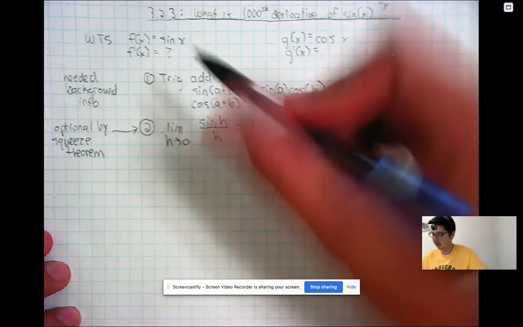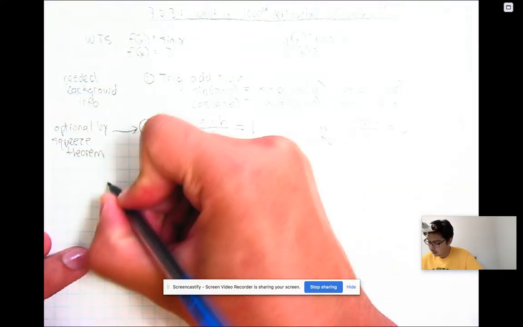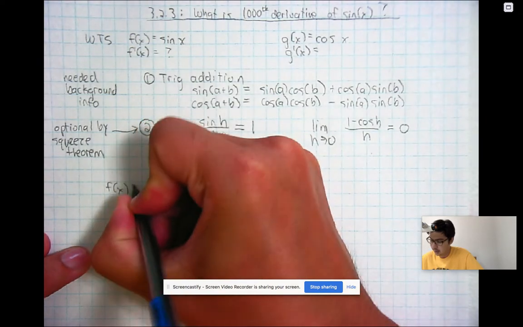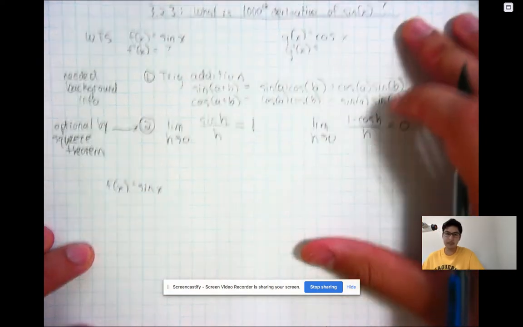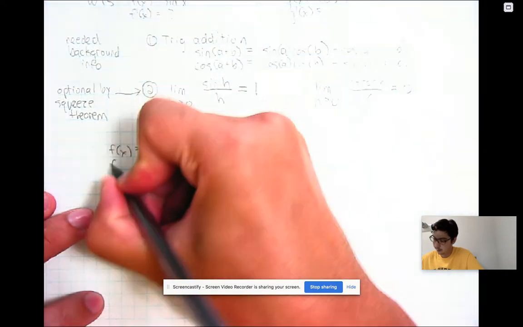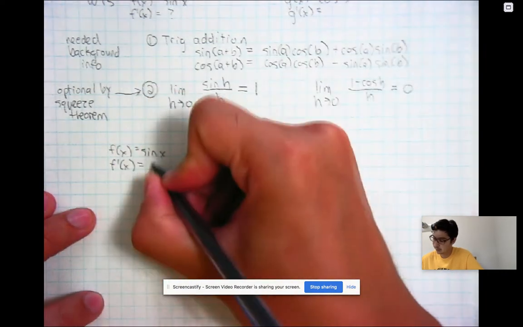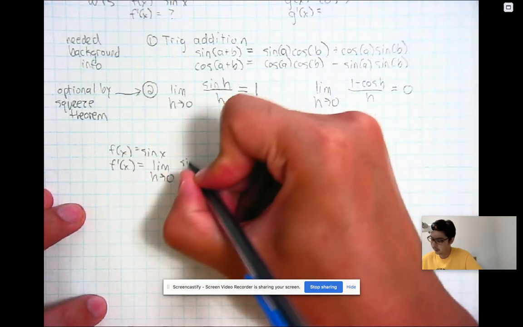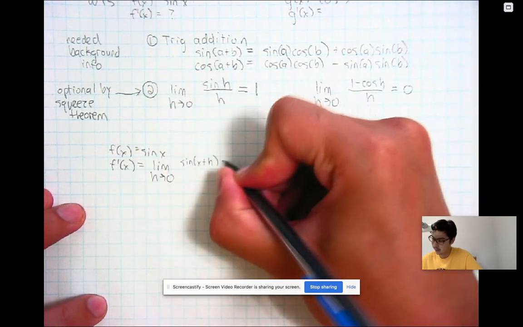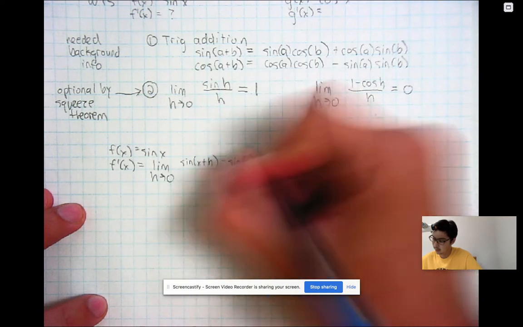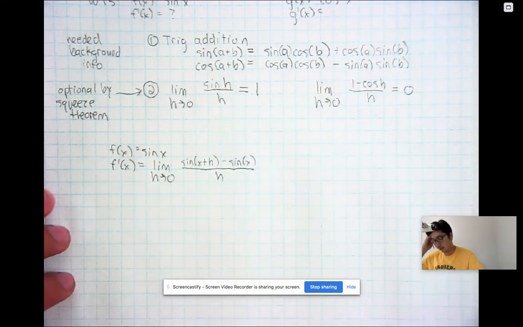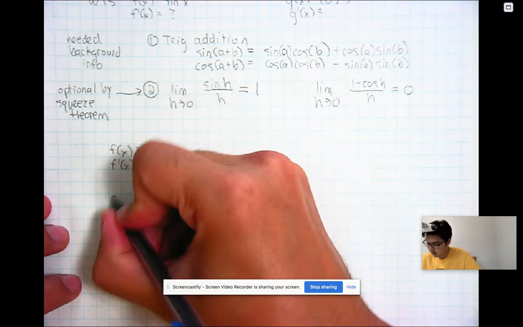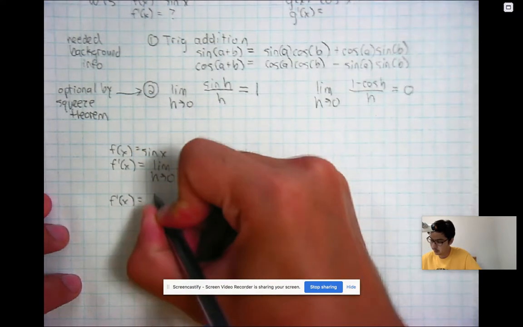All right, so let's do sine of x. So f of x equals sine of x. The derivative is going to be the limit as h approaches 0 of sine of x plus h minus sine of x, all over h, by definition. Simplifying this, this is where we have to use trig addition.